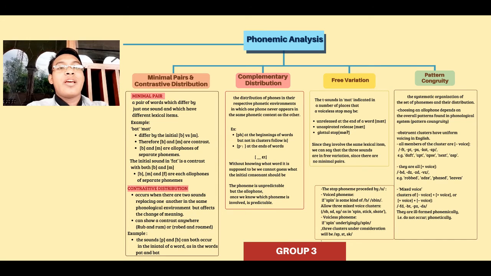Obstruent clusters have uniform voicing in English. All members of the cluster are voiceless, followed by FT, as in daft; voiceless followed by PT, as in apt; voiceless followed by PS, as in apps; and followed by KST, as in next; voiceless followed by SP, as in asp.